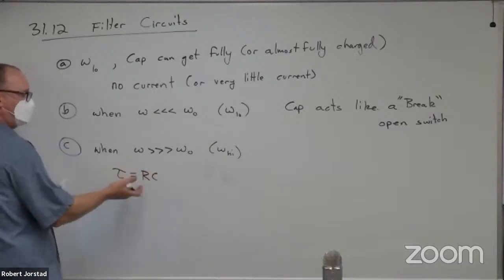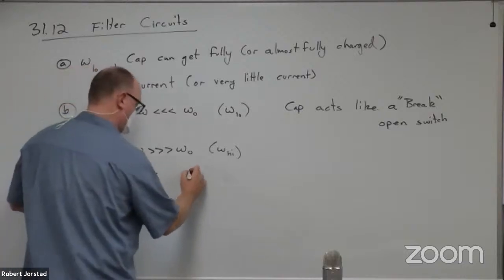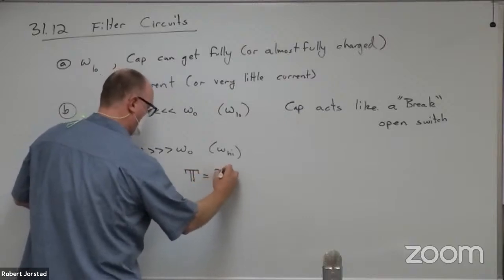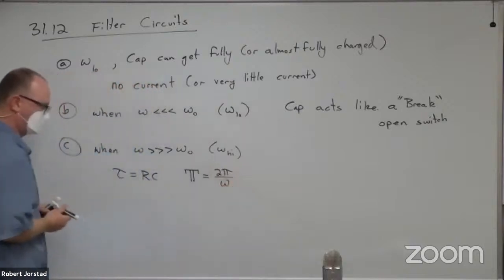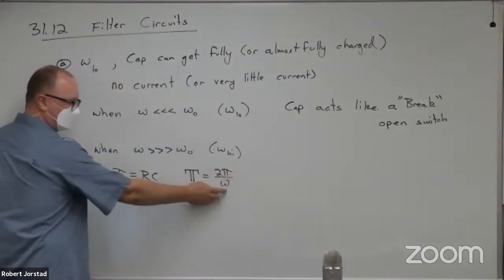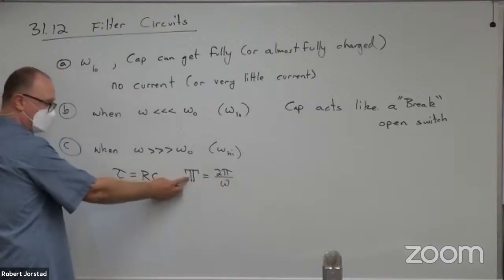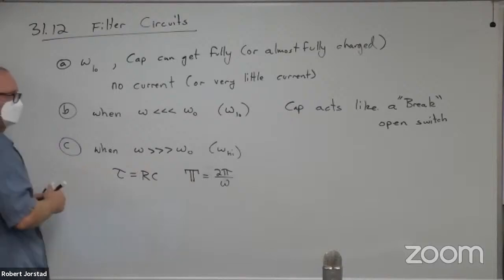This is approximately the time scale for a capacitor to charge. The period is 2 pi over the driving frequency, omega. If omega gets really big, the period gets really small, and it gets really small compared to the time required to charge this, so it's never going to charge up at all.